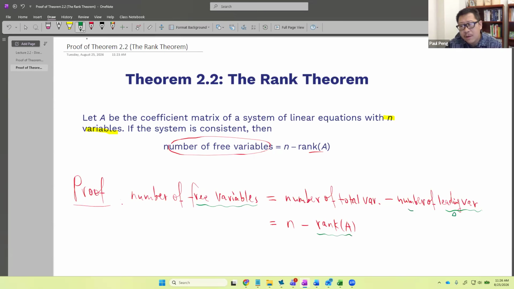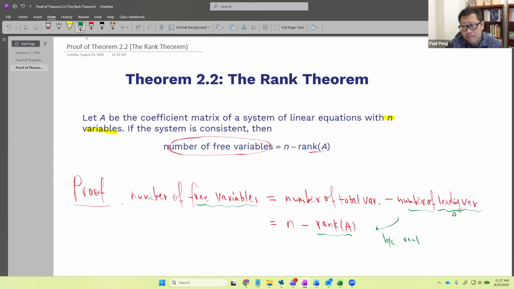Why does the number of leading variables equal the rank of A? Because leading variables tell you how many leading ones there are.